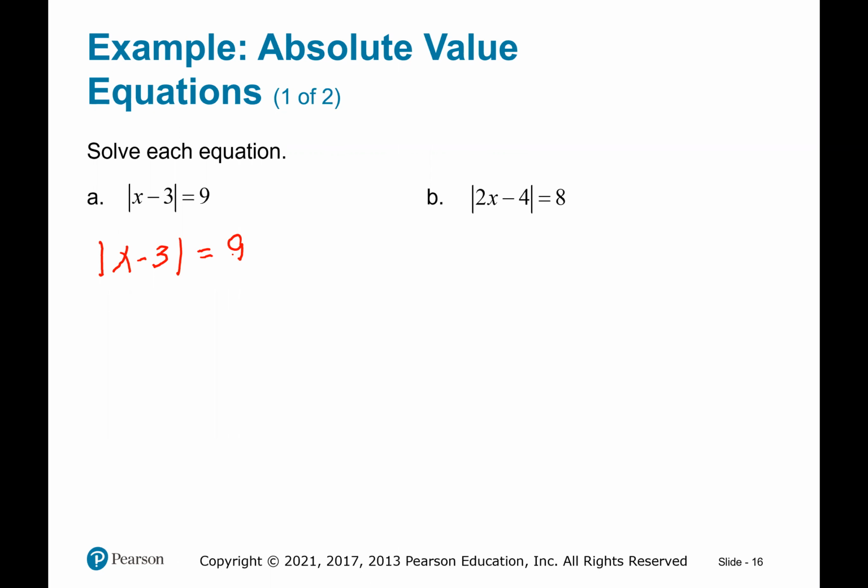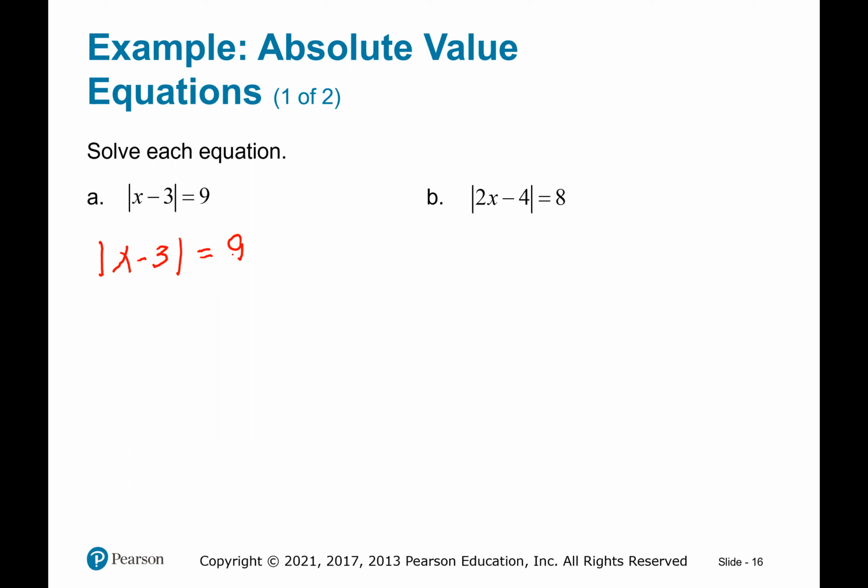So are there two numbers that I can take the absolute value of and get 9? One of them is negative 9, the other is positive 9. It would be -6 and 12, right? That would be my answers.